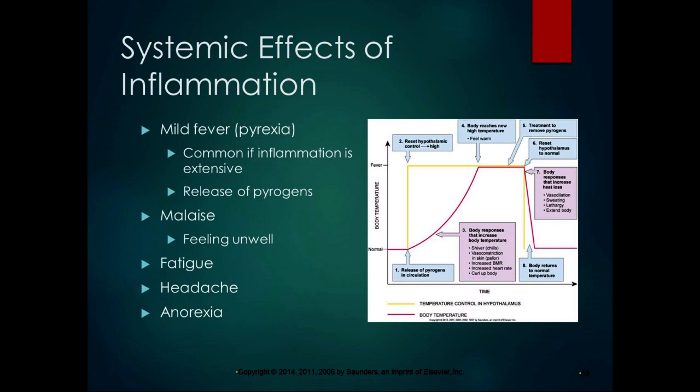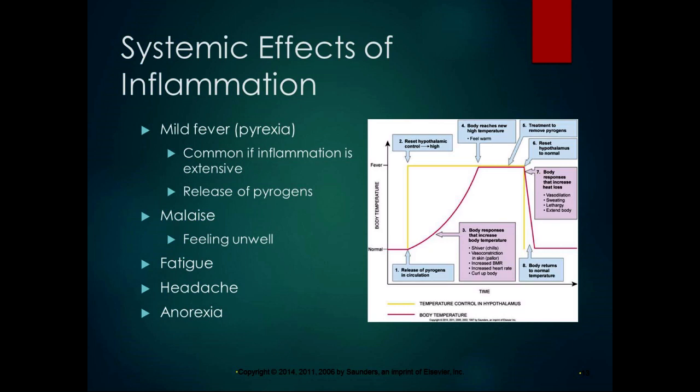We get release of chemical messengers called pyrogens that help cause that fever. We get general malaise, feeling unwell, fatigue, headache, and anorexia, which means loss of appetite. Anorexia nervosa is the psychological disorder, but anorexia by itself means loss of appetite.